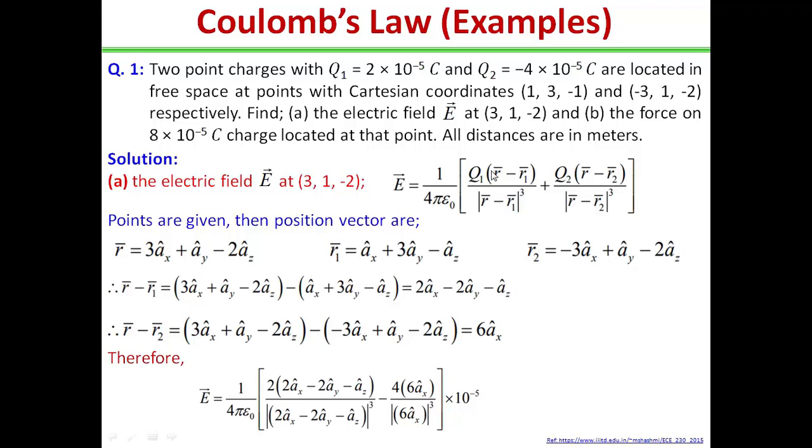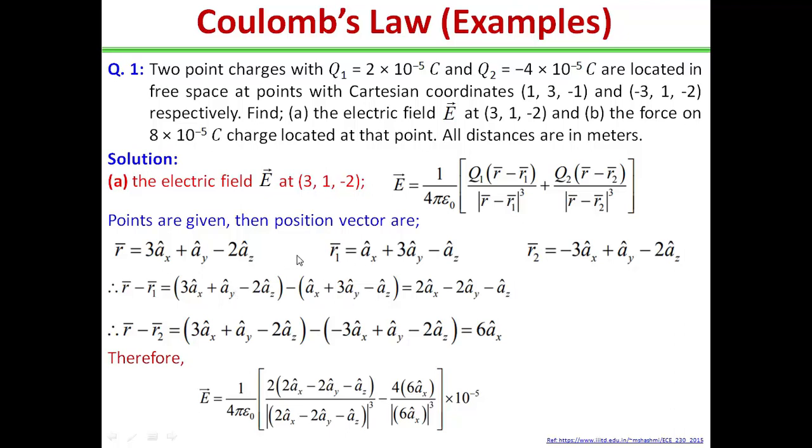According to that, we have to find the distances r - r1 and r - r2. After putting in the values of these vectors, find the magnitude of r - r1 and cube it, then put the values into this formula and we will have the value of the electric field. Here we have calculated all the position vectors given in the question.